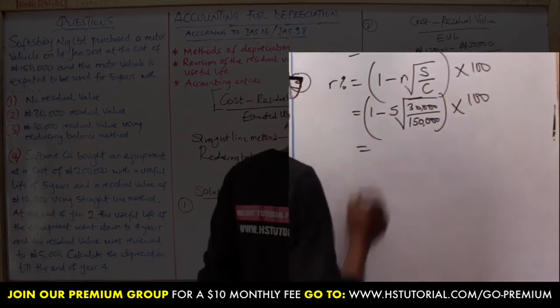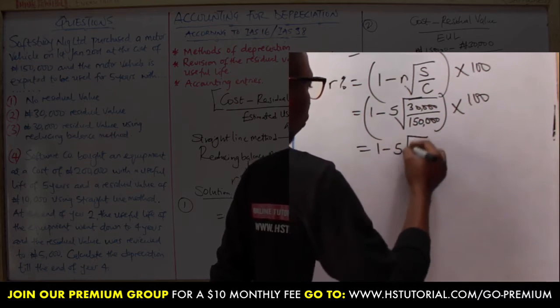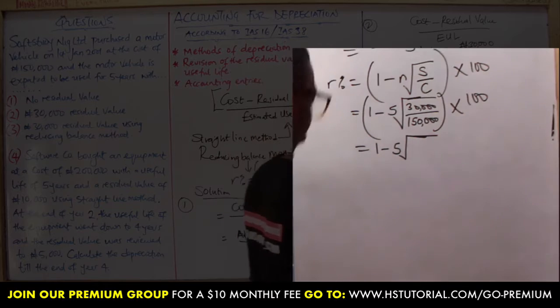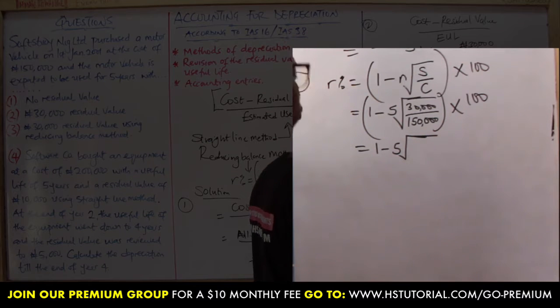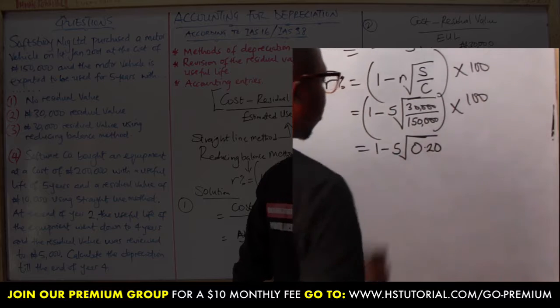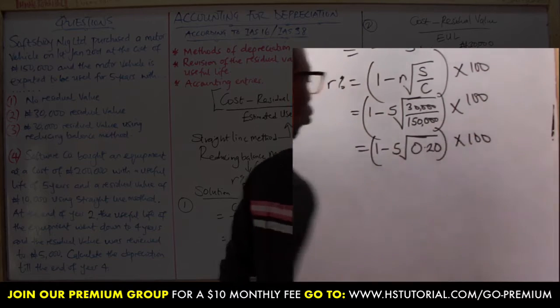So what you would just do here is to say 1 minus the fifth root of, now you can solve what is in the bracket. How do you get what is in the bracket? You can just say 30 divided by 150. What will that give you? 0.20. Then open and close bracket again, multiply by 100.